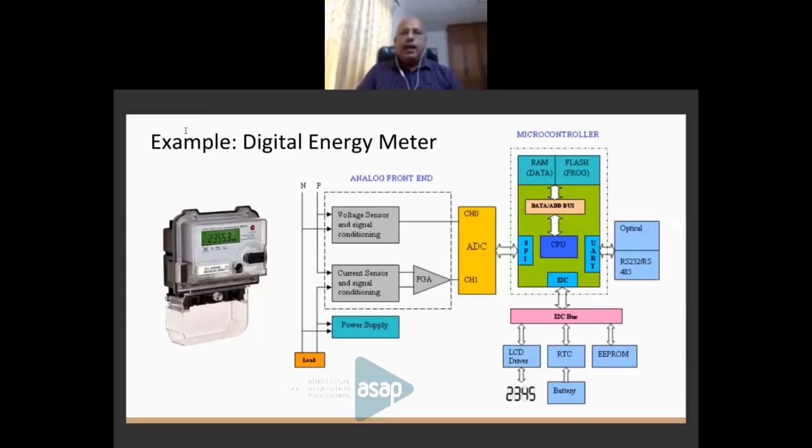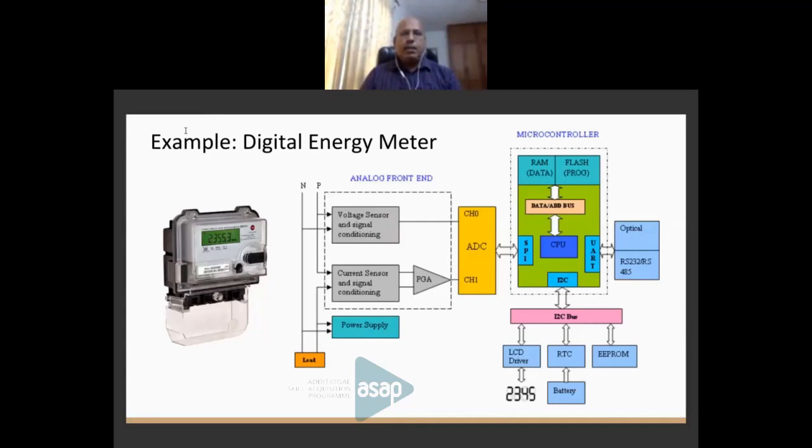And then you can see an ADC here, because the external world in many embedded system applications is analog in nature, whereas the embedded system per se is digital in nature, so there has to be a conversion from analog to digital. That is accomplished by the ADC, and you also learned about ADCs in your previous class.